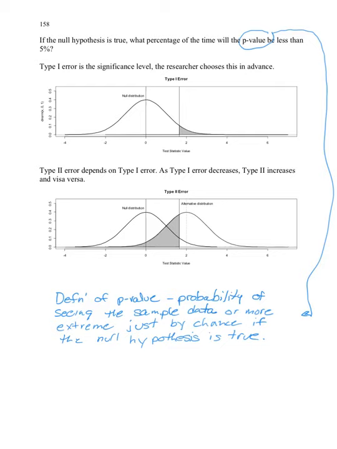P-value: probability of seeing sample data just by chance if the null hypothesis is true. So 5% of the time, the p-values will be less than 5% if the null is true.